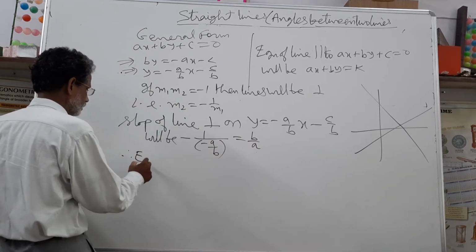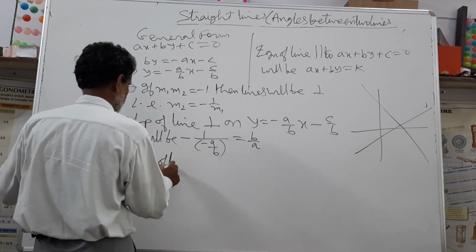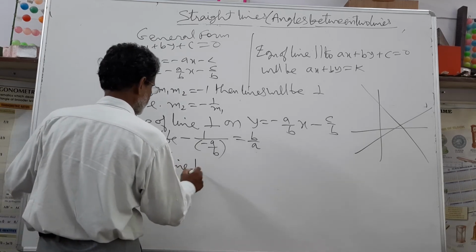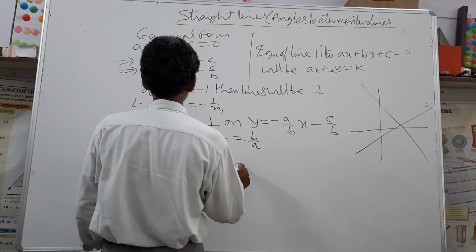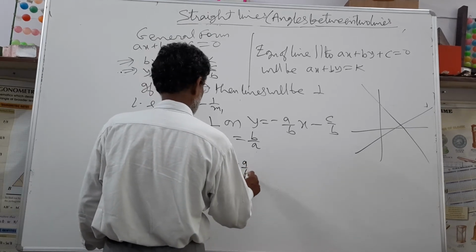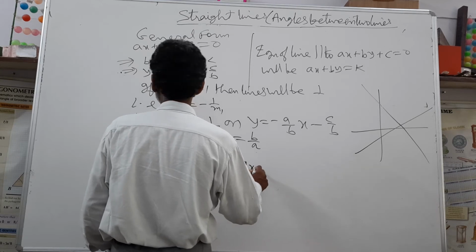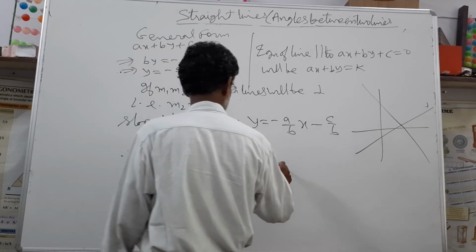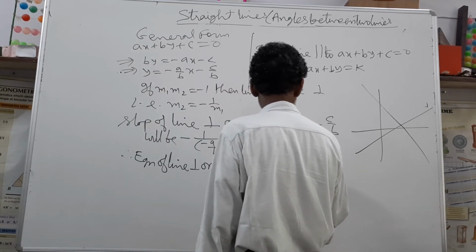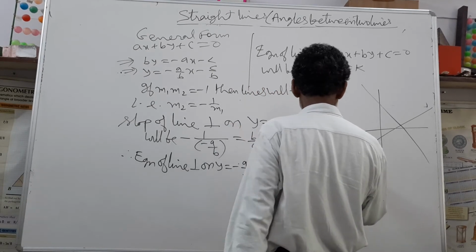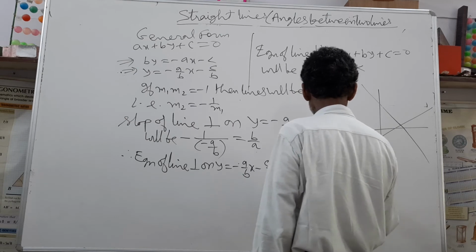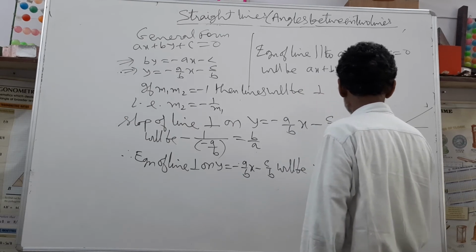Therefore, the equation of the line perpendicular to y is equal to minus a by b x minus c by b will be y is equal to b by a, the value of m, x plus k.